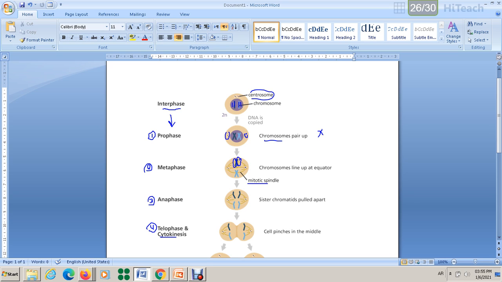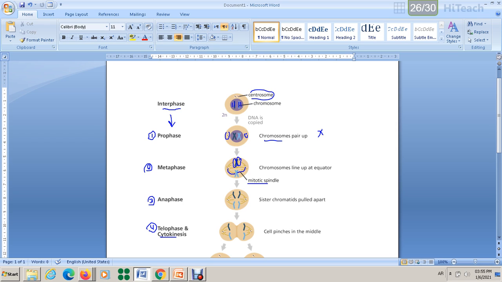Look how this one is connected with this side, and this one is connected with this chromatid. Each one from each side is connected with one chromatid in the same chromosome, but from different sides, right? So chromosomes line up at the equator, as you see here, and they start to be connected with what? A mitotic spindle. You have to write these notes while I'm talking, guys.